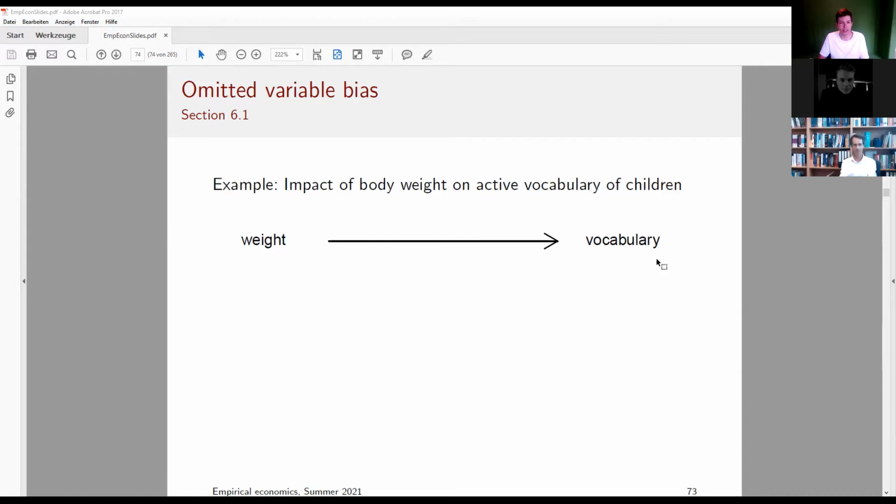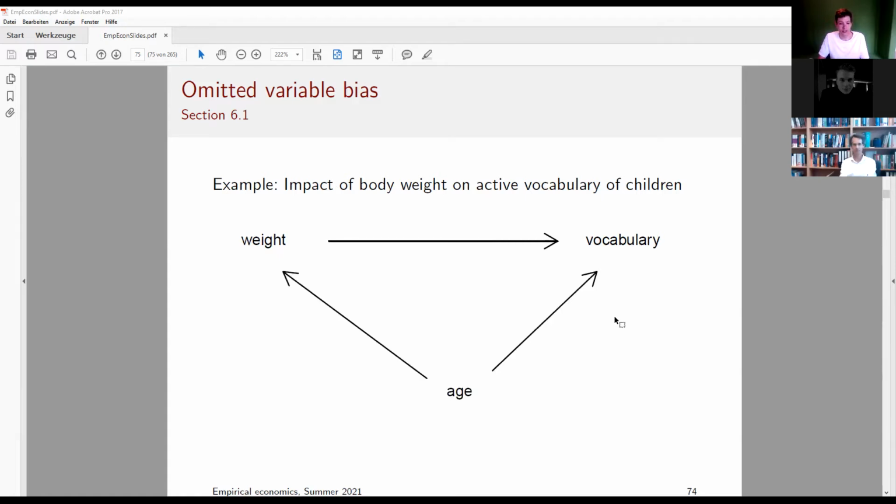Obviously, that doesn't seem very logical, and that doesn't make any sense at all, because what you would omit in this case is the variable that drives both of these variables, that drives weight and that drives the vocabulary of the child, namely the age of the child.